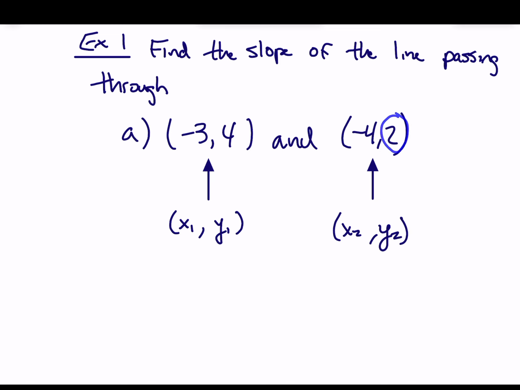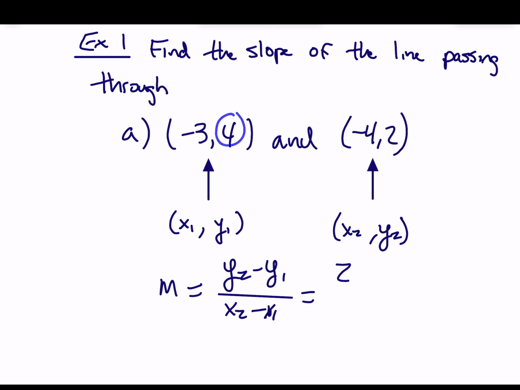So I'll take my y2, which is 2, and subtract my y1, which is 4, and then I'll take my x2. Remember, we have to stay with the same order, negative 4 minus my x1, which is a negative 3.